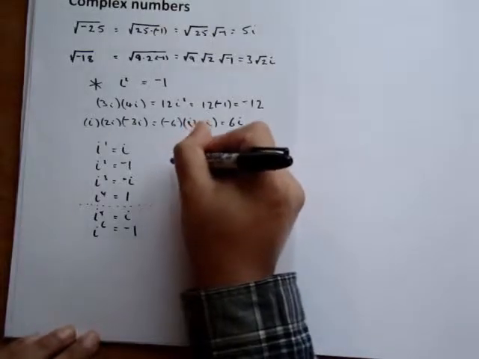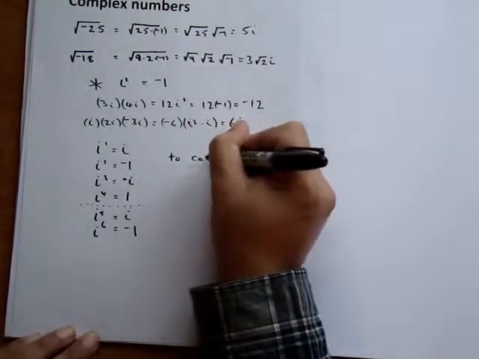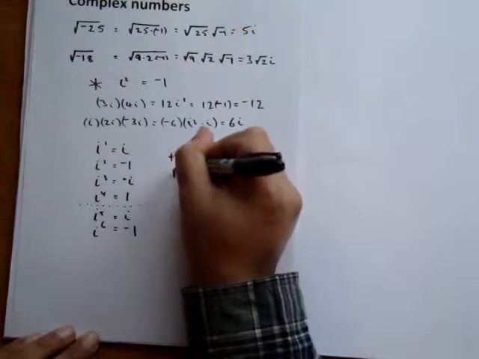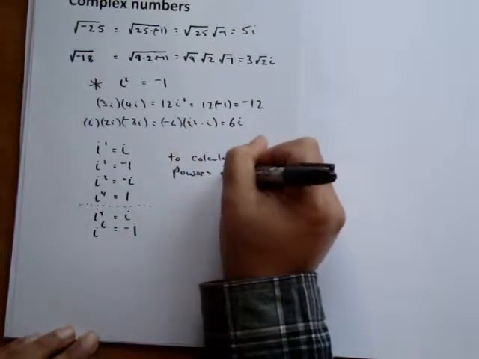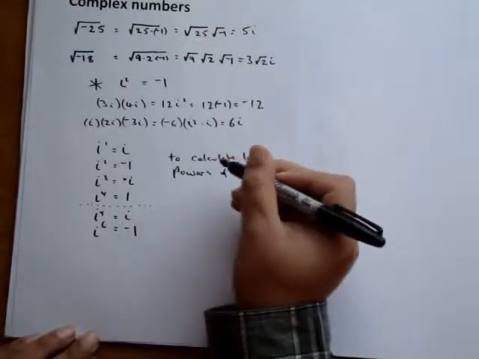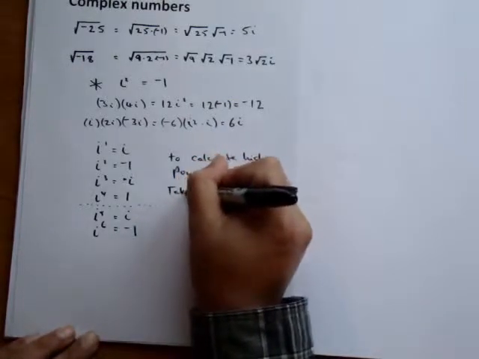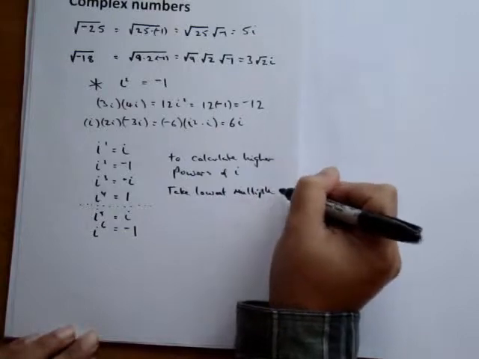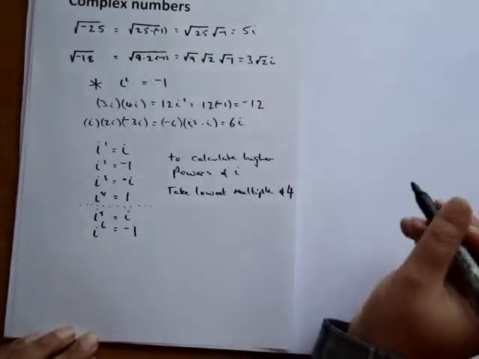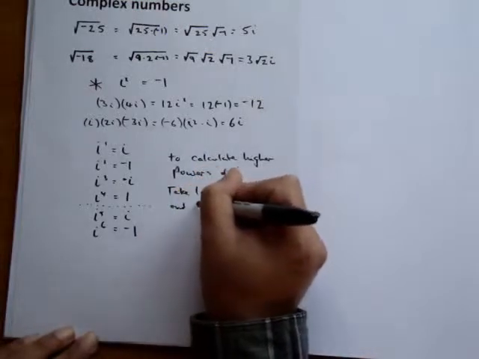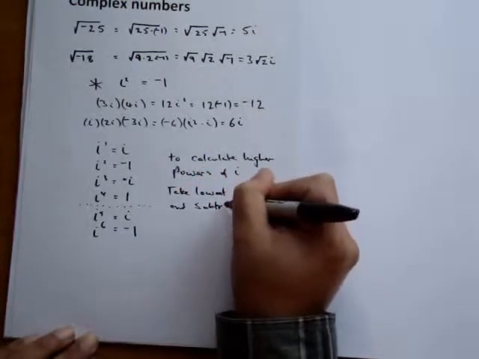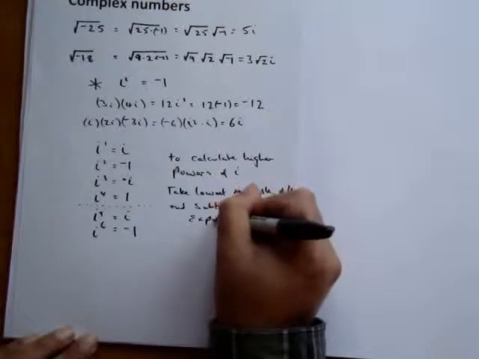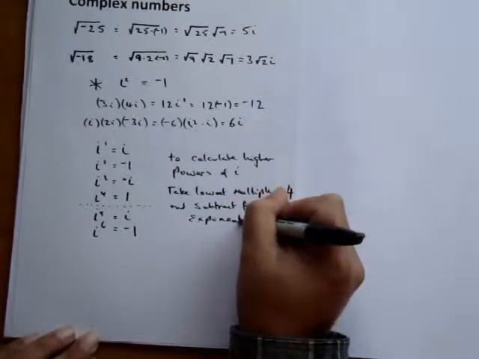So to calculate higher powers of i, what we do is we take the lowest multiple of 4 and subtract it from the exponent. So what do we mean by that?